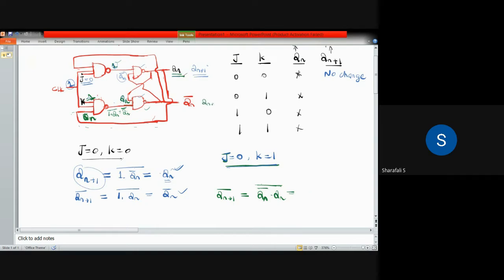Here it is Qn plus 1, that is in the next stage. So that will give us Qn dot Qn bar itself, because when you take double bar here, that will become Qn, and you have Qn bar. So this is nothing but 1 into 0, something like that.